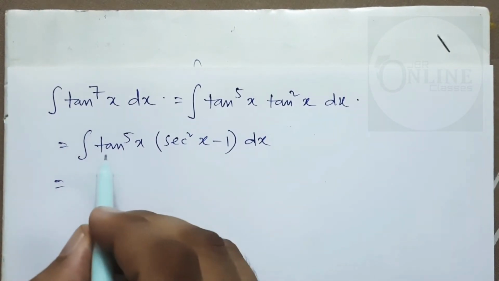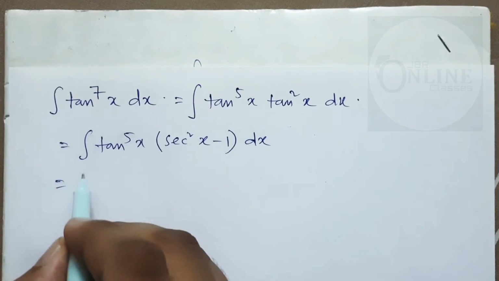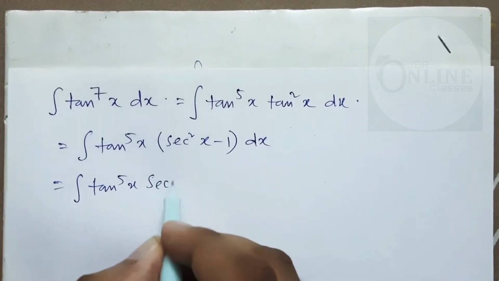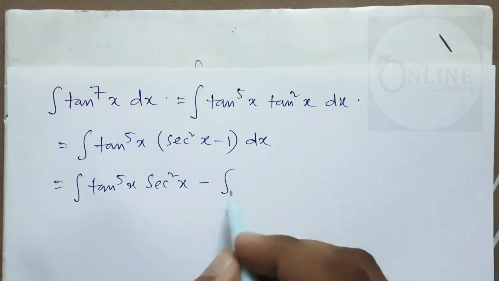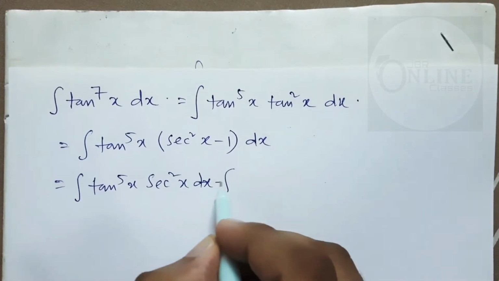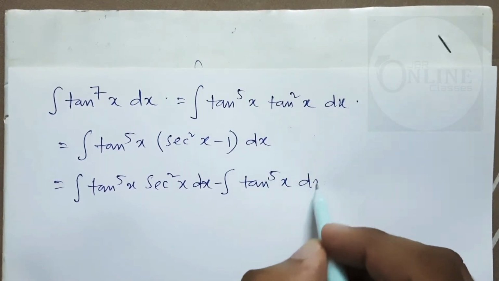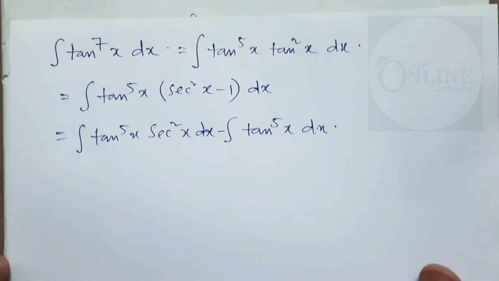So now you just multiply. So here it is going to be integration of tan to the power 5x into sec square x dx, minus integration of tan to the power 5x dx.